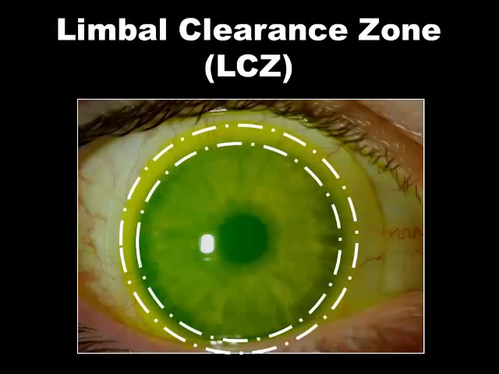The next thing we look at is the limbal clearance zone, and what we're hoping to see is that lens vault through the peripheral cornea onto the initial part of the conj before the fluorescein gets squeezed out and the lens actually lands out there. So we're looking for number 2, good limbal clearance.